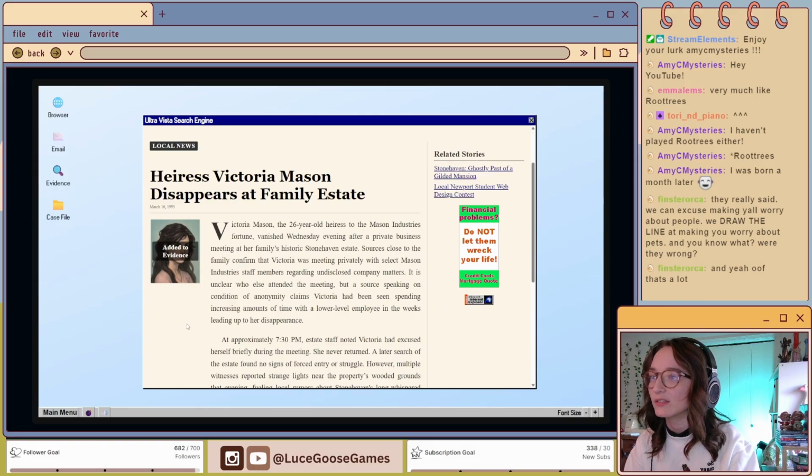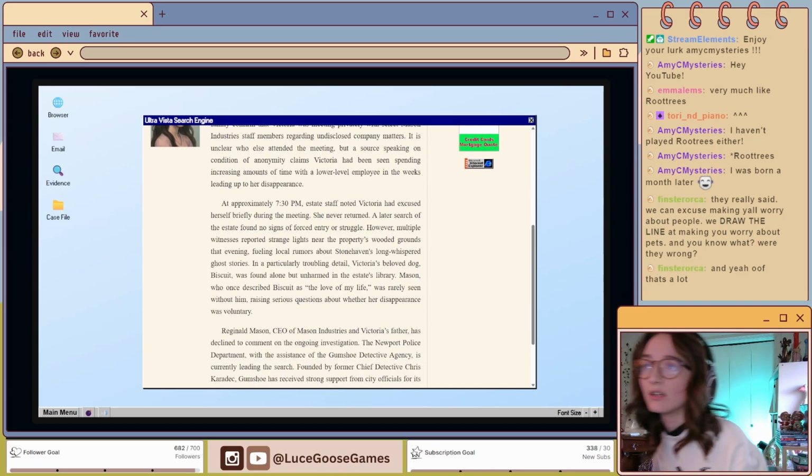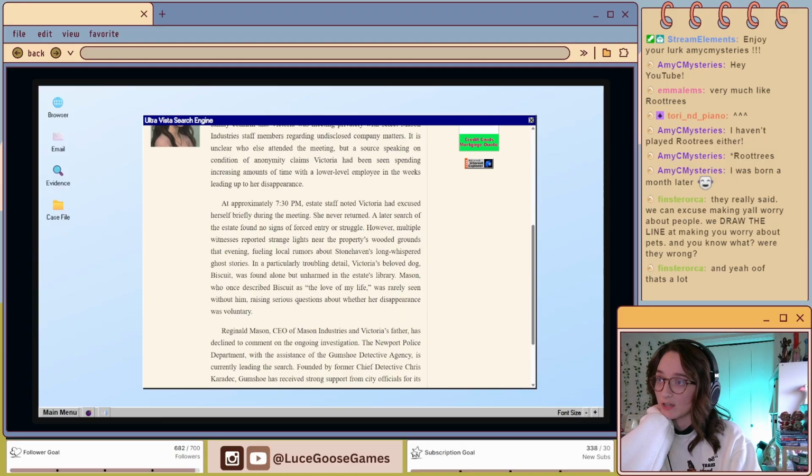It is unclear who else attended the meeting, but a source speaking on condition of anonymity claims Victoria had been seen spending increasing amounts of time with a lower-level employee in the weeks leading up to her disappearance.